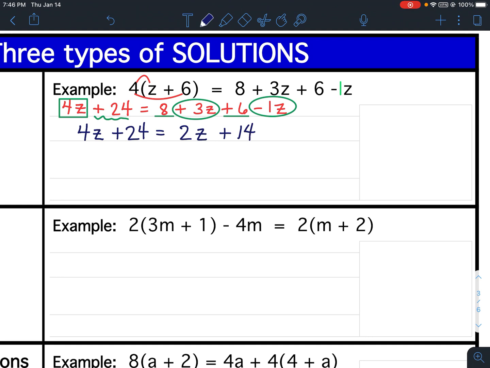I'll come back to that in a moment. But I could stop right there and know what type of solution this is. But I'm going to go and keep solving this. So leave some space right here. We're going to subtract 2z from both sides.